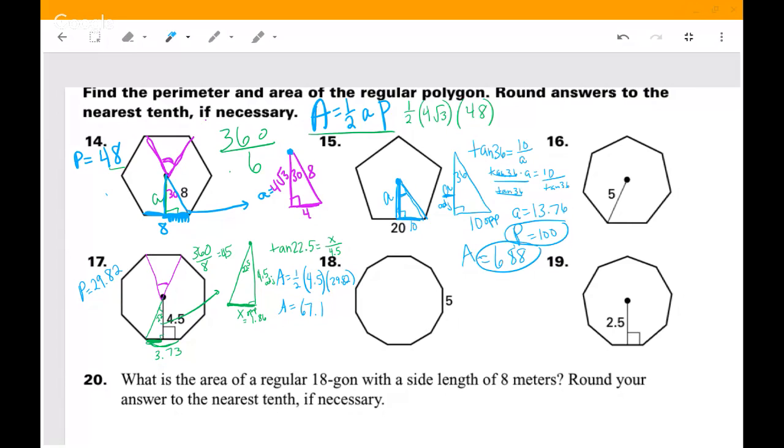Could you help me on number 25? Yes. Let me. Oh, there it is.